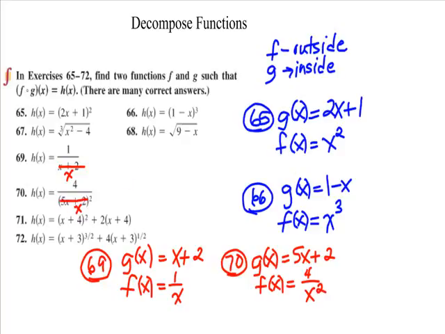Okay, and let me finish up with one of these two remaining problems, like number 72. So in 72, we have h of x is equal to (x plus 3) to the 3 halves plus 4 times (x plus 3) to the 1 half. So notice here there are two occurrences of that linear function x plus 3.